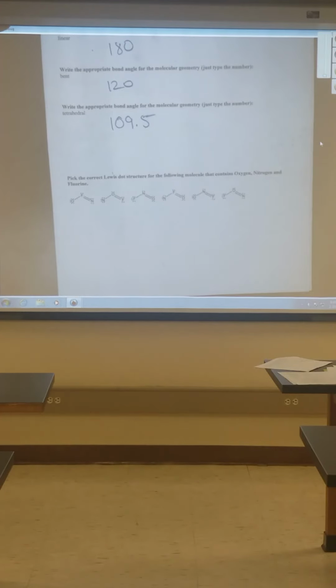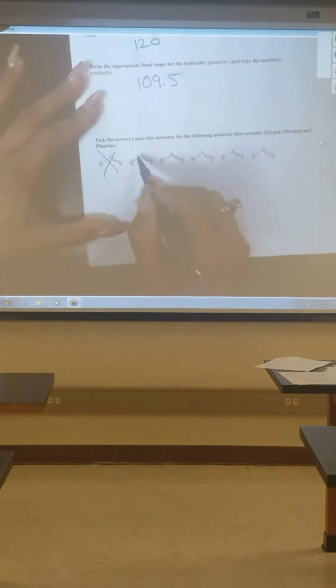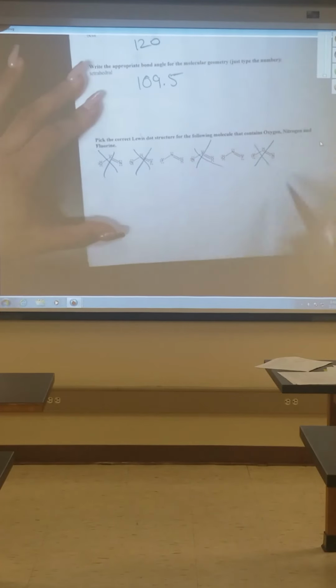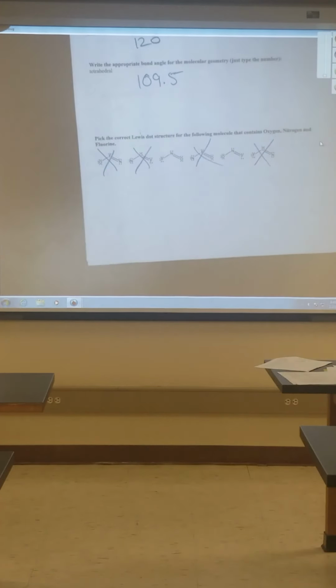In that case, we can knock out that one, that one, that one, and that one. Do you see how quickly, knowing those rules, I was able to knock all of the others out of the way? It has to be carbon, never hydrogen, or the one that is the most left. And nitrogen is the most left on the periodic table.